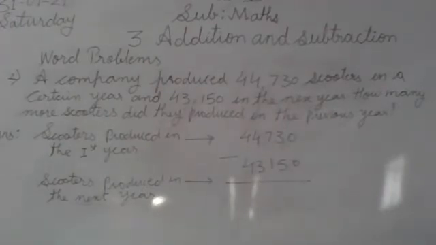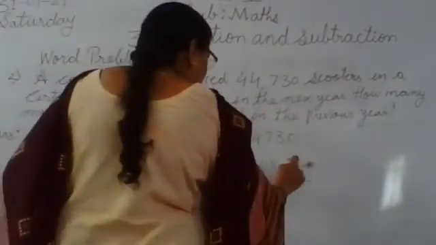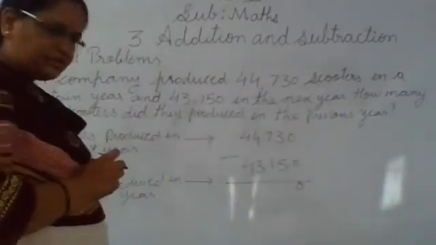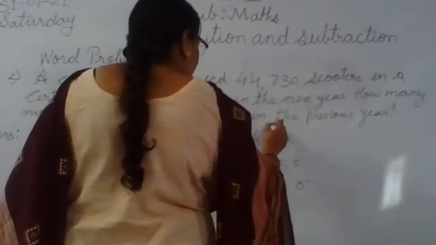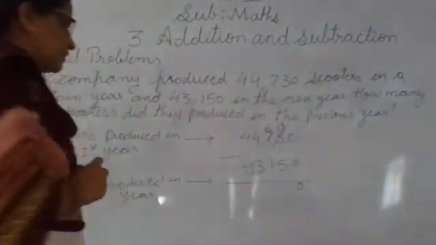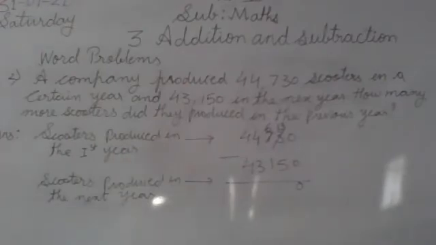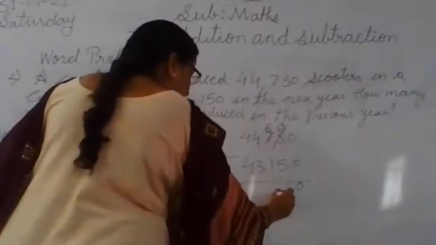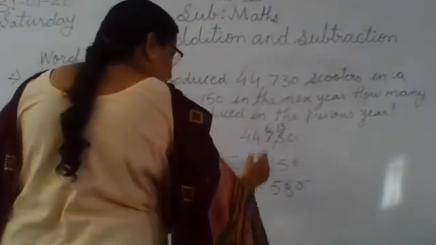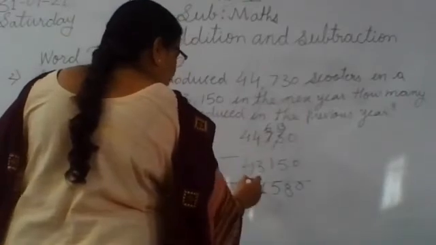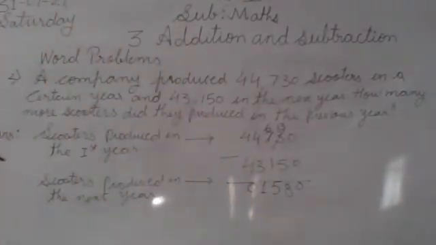So again, start subtraction from the right side. 0 minus 0, beta, 0. 3 minus 5, not possible. So we will carry over 1 from this side. It becomes 13 and it becomes 6. 13 minus 5, 8. 6 minus 1, 5. 4 minus 3, 1. And 4 minus 4, 0. So 1,580 scooters they produced more in the previous year.